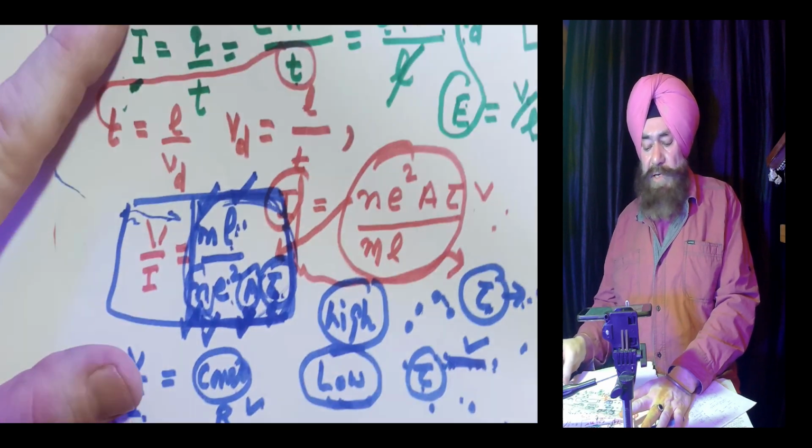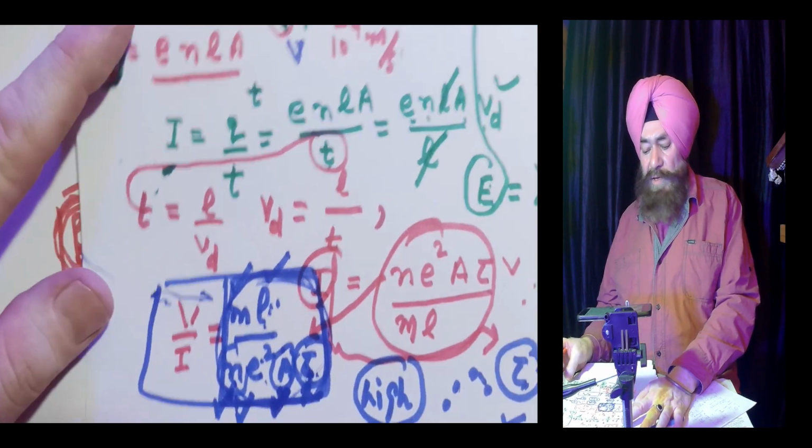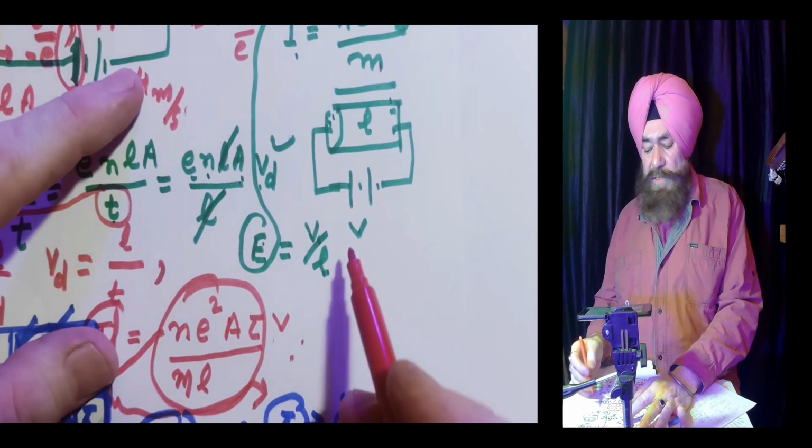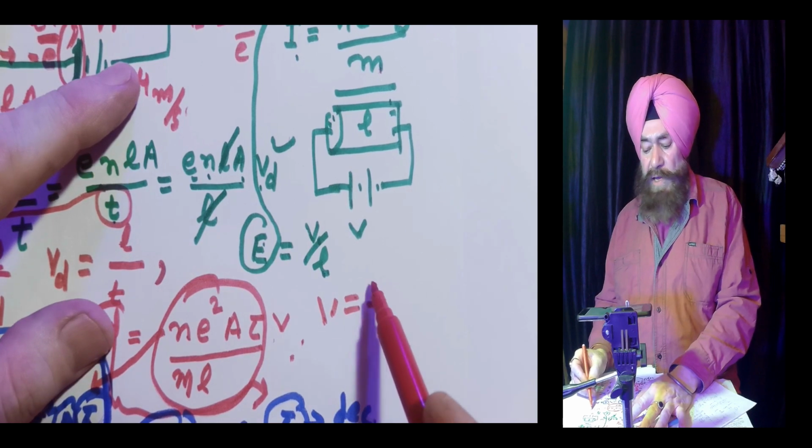Now coming to the units lastly, you know, Ohm's law is V equals IR.